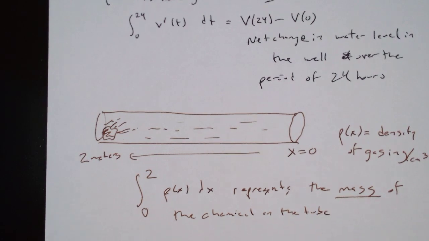That'll be in grams. Because each slice will be a certain number of cubic centimeters, right? Grams per cubic centimeter times cubic centimeters is grams. I add up all the weight. I can tell you how heavy this tube is.